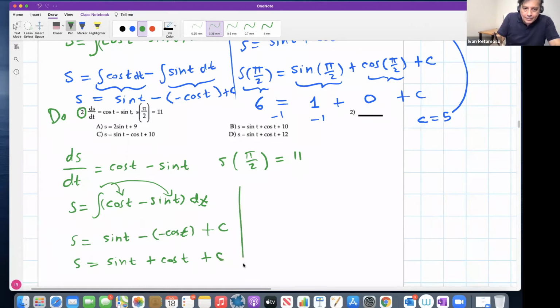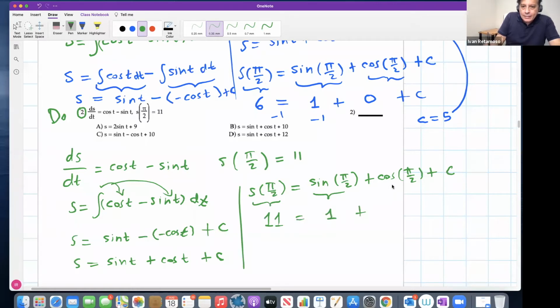Now, on one hand, s evaluated at pi over 2 should be sine of pi over 2 plus cosine of pi over 2 plus a constant. And on the other hand, they're telling us that this is 11. Sine of pi over 2 is 1. Cosine of pi over 2 is 0.